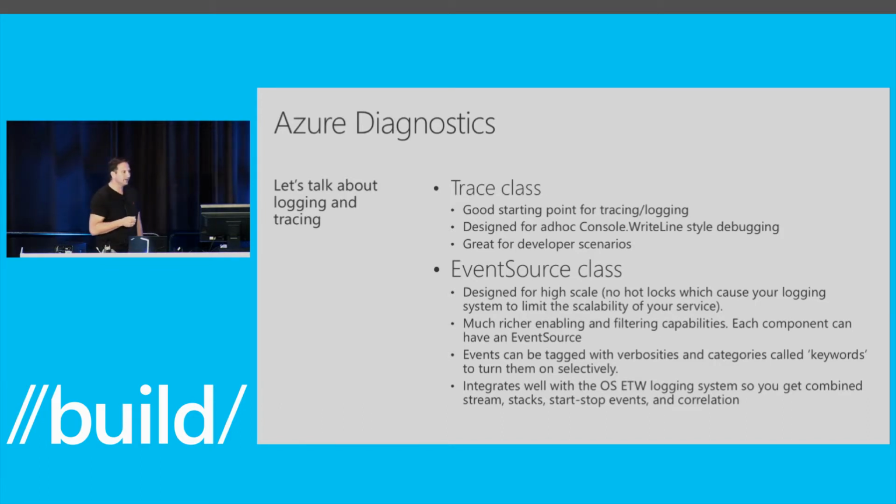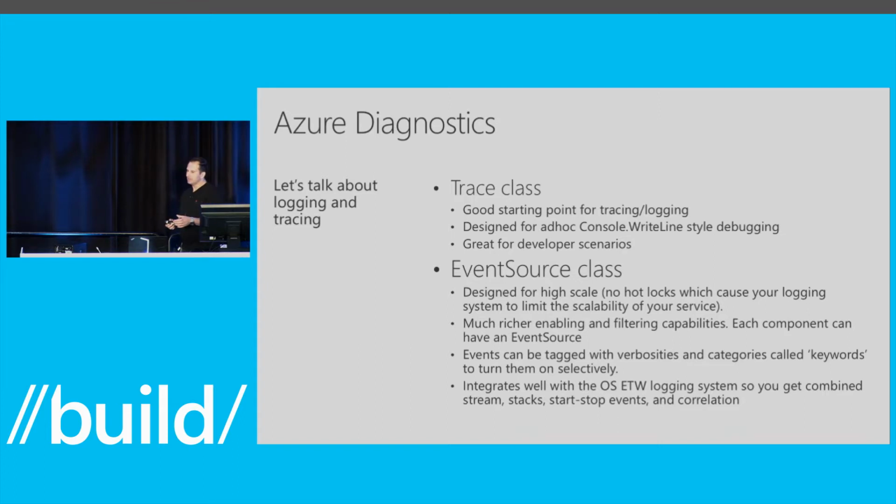ETW event source is not only a good way to implement structured logging, but it's also really designed for high scale. Anything that runs, like what Scott Guthrie was mentioning this morning, like Service Fabric, our super hyperscale framework, uses ETW to pump out those events. So that goes a long way. We advise pretty much everyone to switch to ETW event source, and I'll give you an example why.